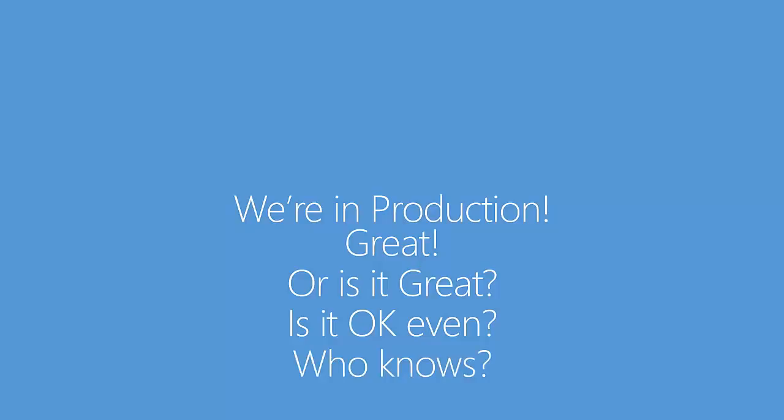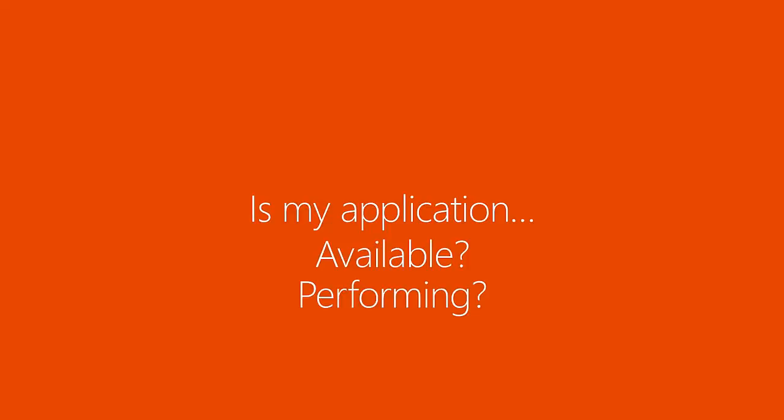I mean, how do we know that the production is working? How do we know that stuff is running? I mean, is my application available? Is it performing? Is it succeeding at all? Is it making my business better? My web application, is the deployment that I just made making things better or worse? What's happening? How do we know?